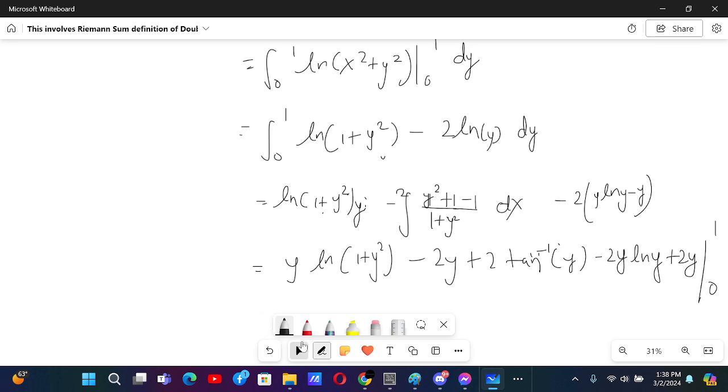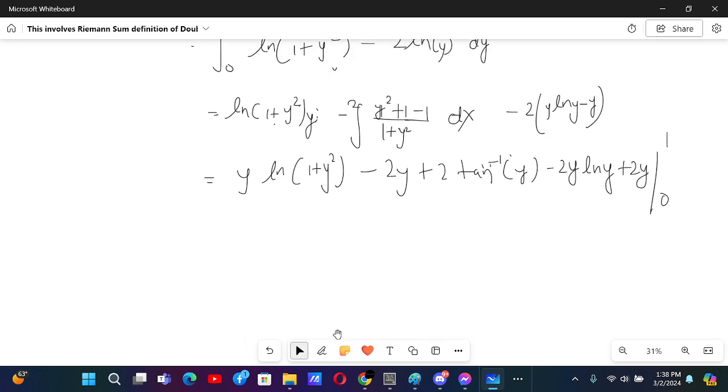Now try to evaluate this. You might need to use limits, because here you might have 0 times infinity. Or else there's really no problem.